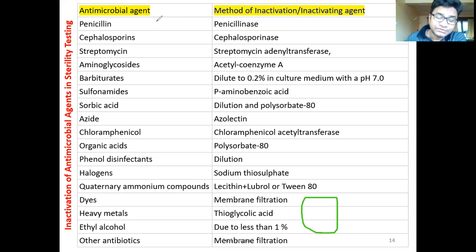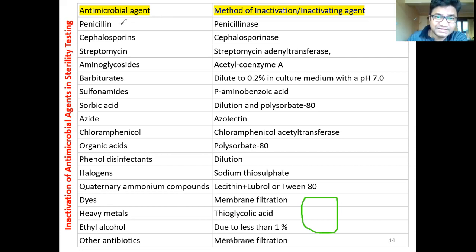To nullify that, for example, you are checking penicillin, ampicillin, amoxicillin injection, or cephalosporin, any injection you want to check, the antibiotic itself will kill the microorganisms. So you need to nullify that antimicrobial activity, and help in checking the true sterility.